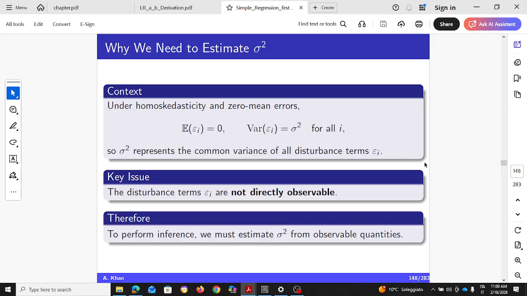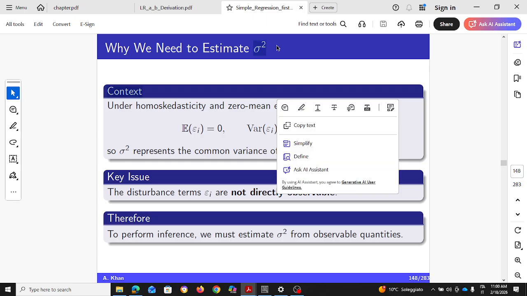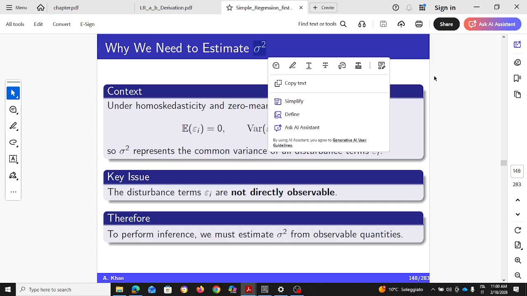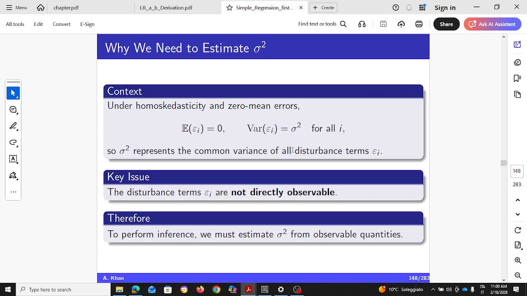Now, in the previous derivations, we saw for the variance of alpha and the variance of beta, we had this term sigma square. Why do we need to estimate this term? To recall our assumptions, the expectation of this term is equal to 0 and the variance is equal to sigma square.